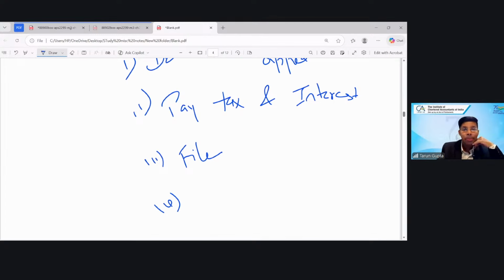And lastly, the penalty initiated is not on account of misreporting. It was on account of underreporting.